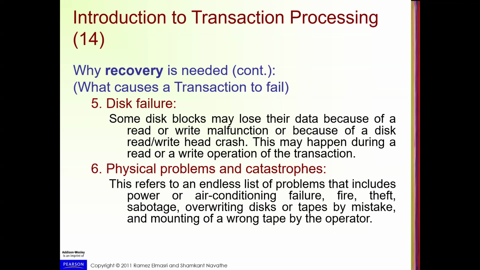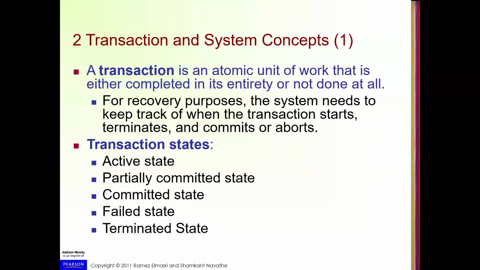So all the physical problems can cause one of the causes that we discussed. Finally, a disk or system error happens, and then the transaction fails. So all the physical problems are categorized into this sixth cause.